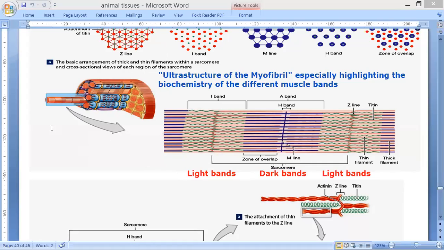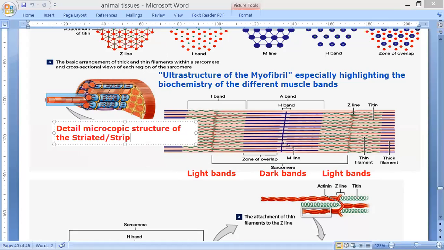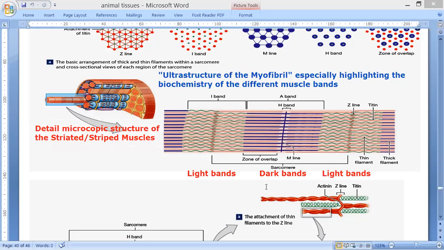Hence this is the detail of the microscopic structure of the striated or striped muscles. So now you know why they are called striated or striped muscles, because there are zones of light as well as dark bands.